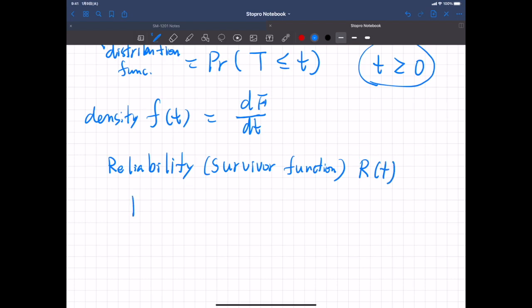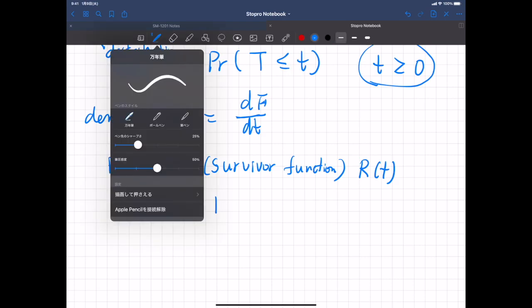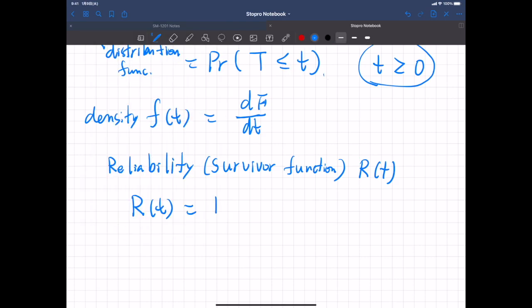And this is defined as this. So it is a complement of this one. The probability that time to failure is greater than t, which is just 1 minus the distribution function.